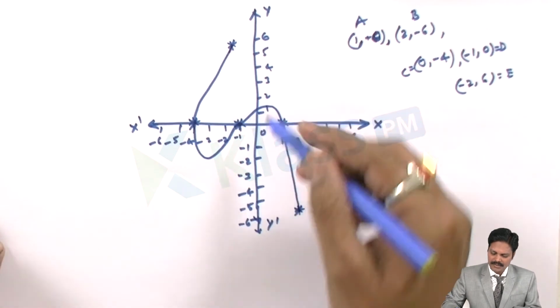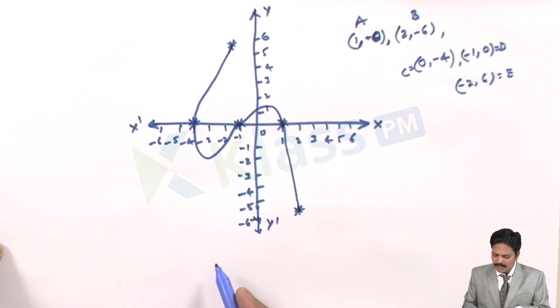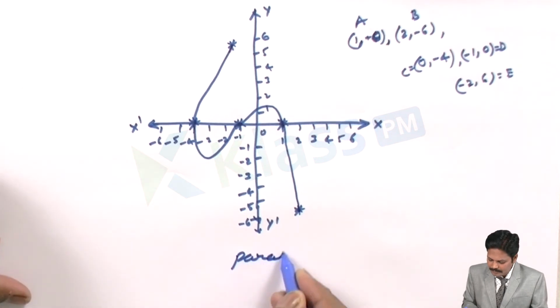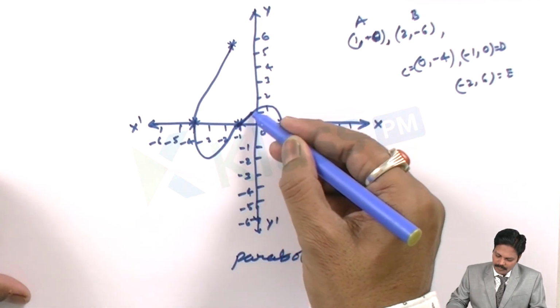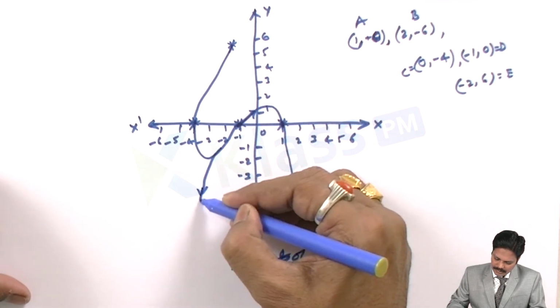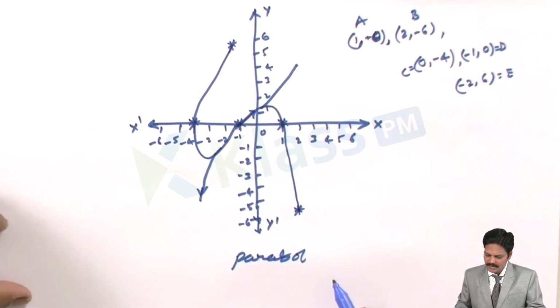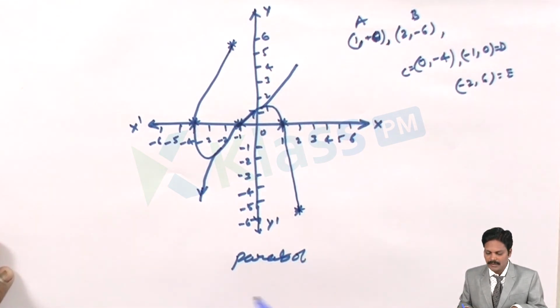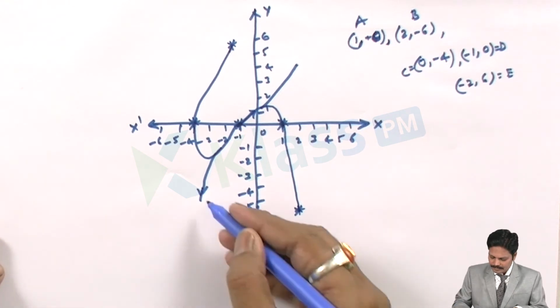Let us consider that we are representing this as a parabola. Here it is upward, and this is downward. The parabola should be like this. If we take different values, we will get parabolas opening upwards or downwards.